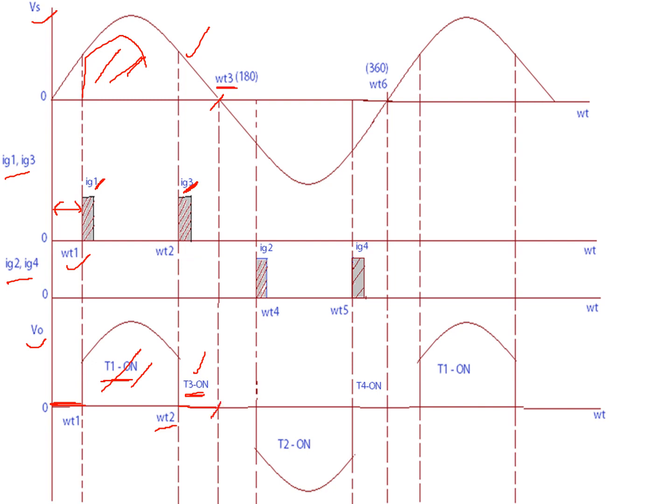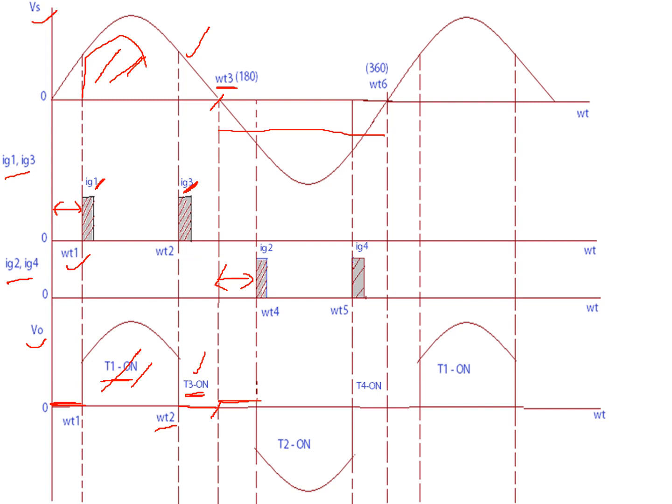Now consider the negative half cycle of input supply. During the negative half cycle, before applying the gating pulses, all the thyristors act as an open circuit and there is no path for current from source to load, which means the voltage across load is 0. This is the voltage across load before applying the gating pulses during the negative half cycle.